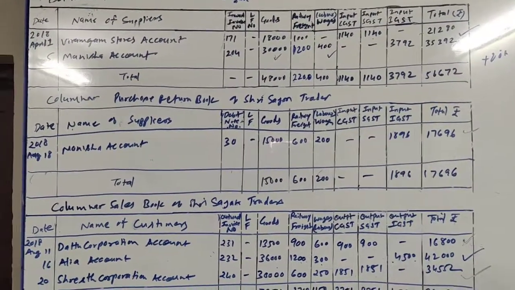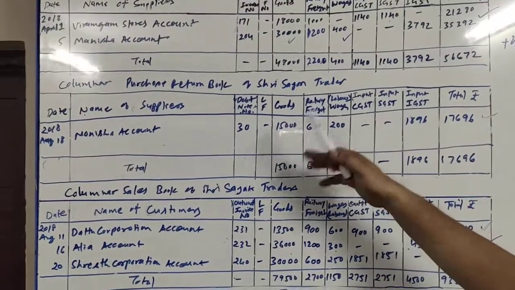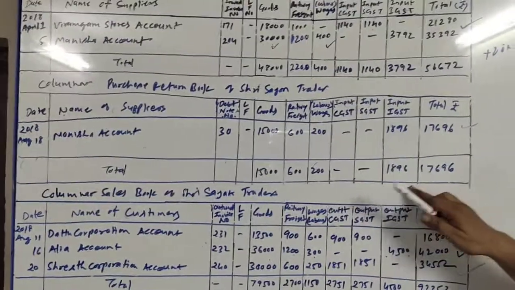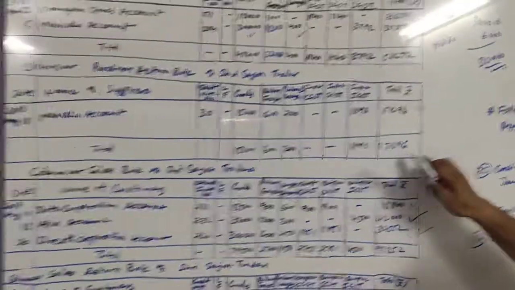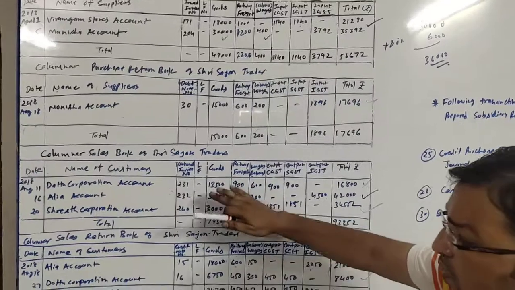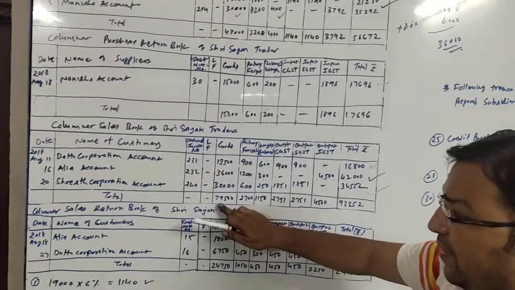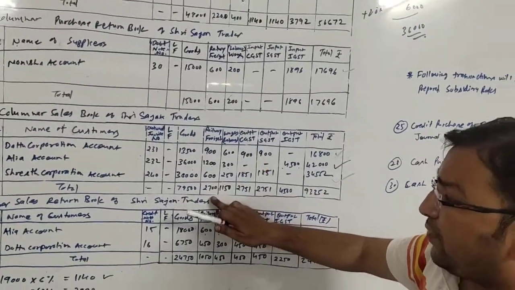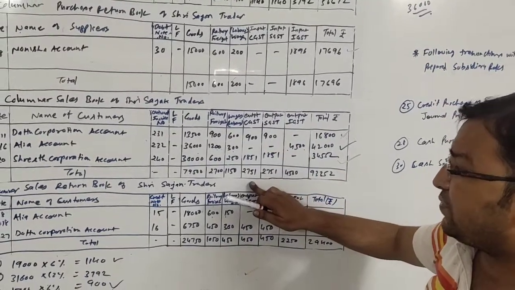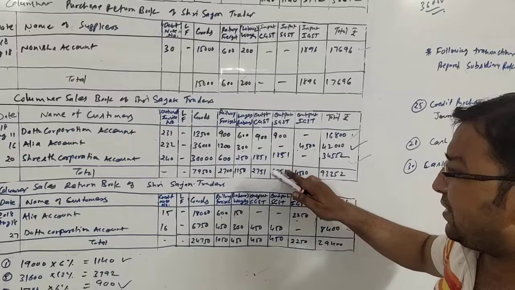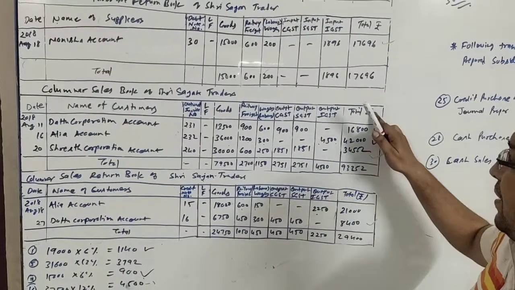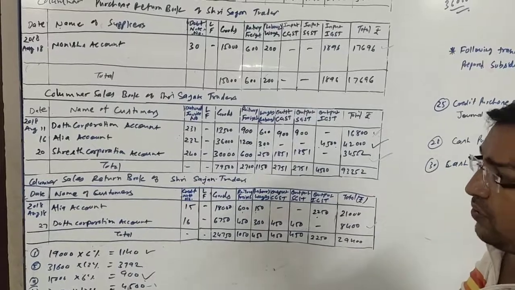The same way purchase return book, it has only one amount, so same is going to be total 15,600, 200, 1896 and 17696. And sales book, goods 79500, railway freight 2700, wages 1150, output CGST 2751, output SGST 2751, output IGST 4500, and total 93352.